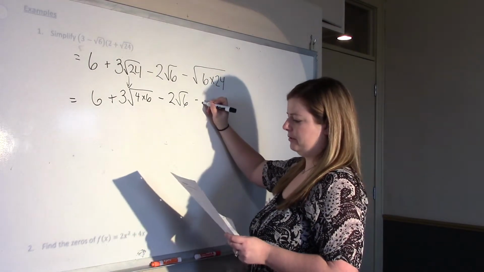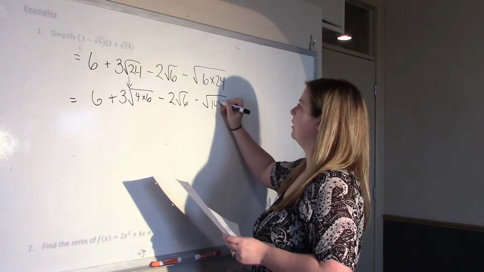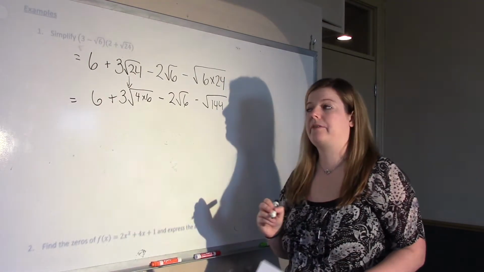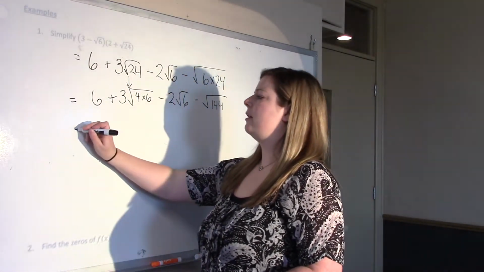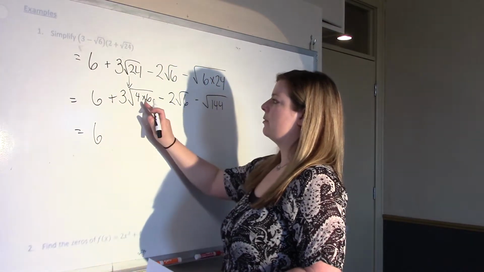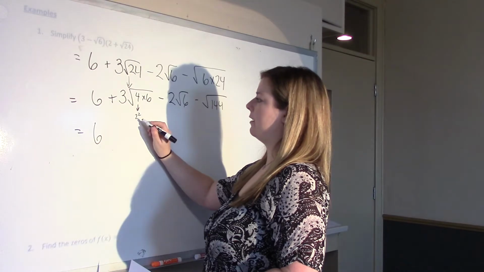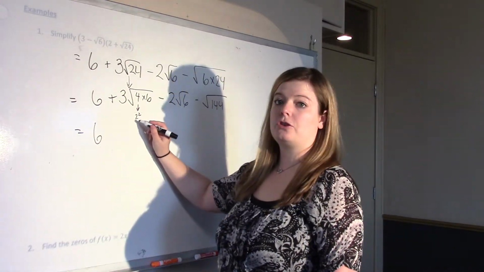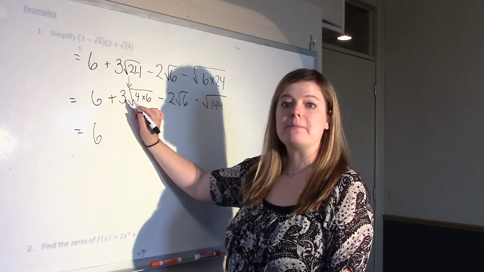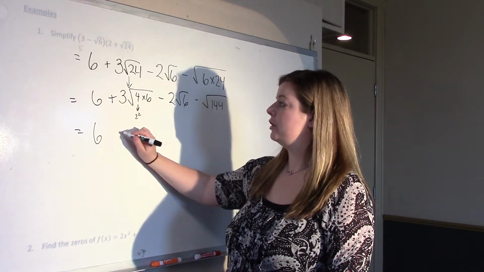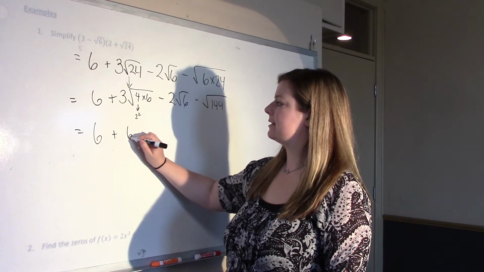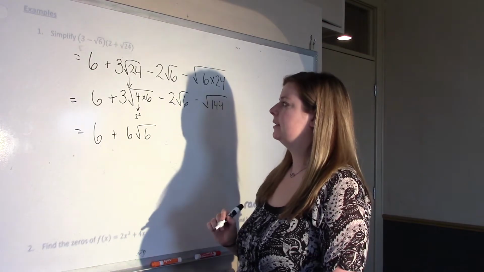And this is root 144 because 6 times 24 is 144. Okay, so now we still keep the 6. We take out this 4. This is 2 squared, right? So we're taking out the 2 and putting it outside, but it has to be multiplied by this 3. So this becomes 6 root 6.